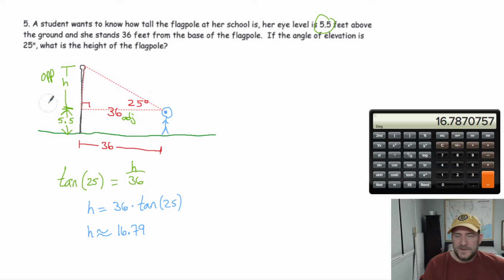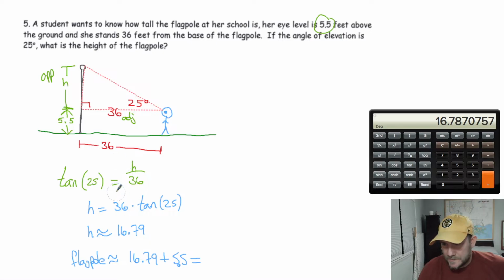But that's not the end, because don't forget the actual height of the flagpole is going to be this answer, 16.79 plus the extra 5.5, which is going to give us what? 23.29? I think that's right. I'm going to use the calculator just in case.